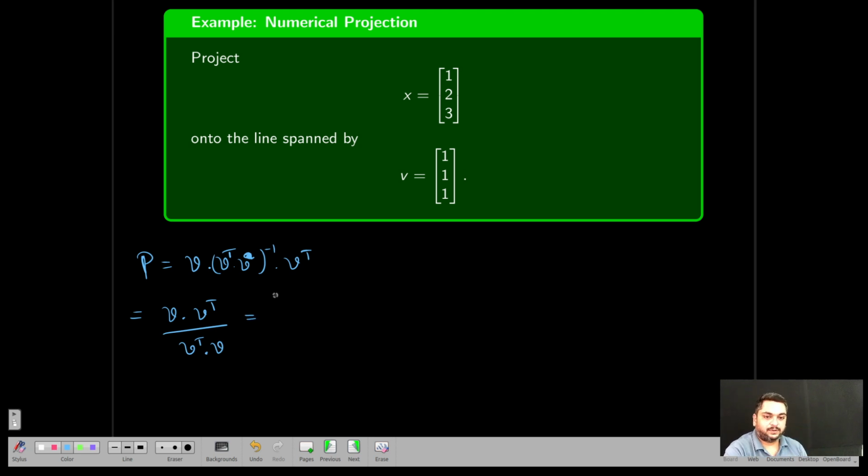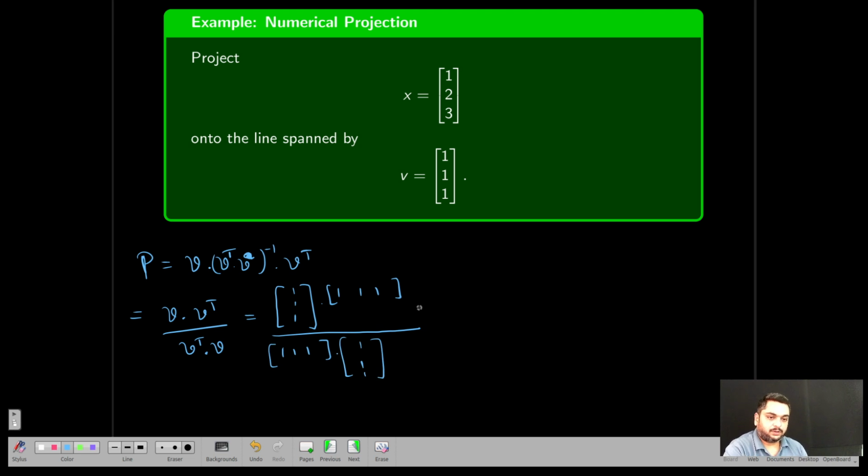V is the column 1, 1, 1. Transpose of this is row vector 1, 1, 1. Multiply these two, divided by V transpose V, that is 1, 1, 1 into column 1, 1, 1.